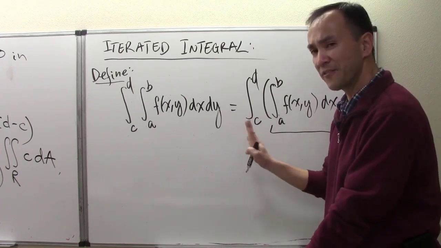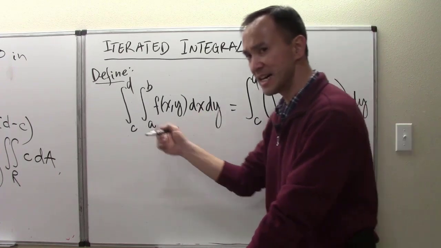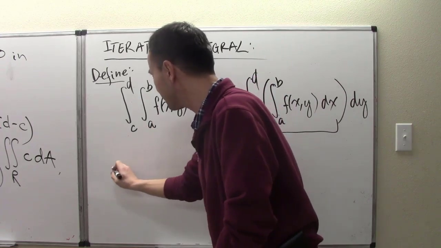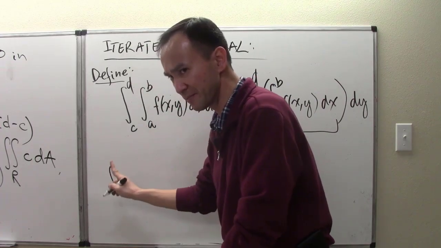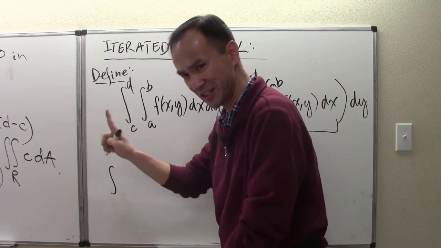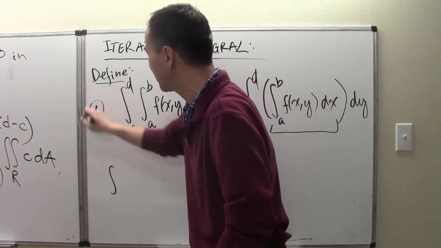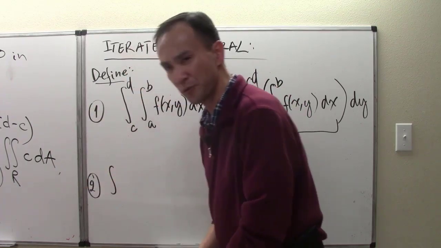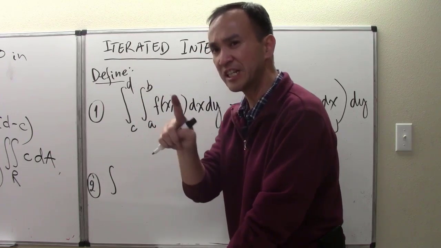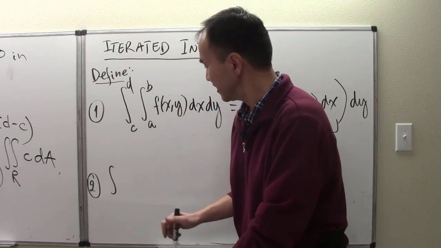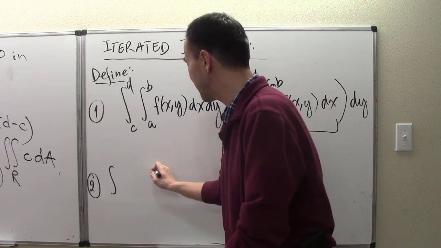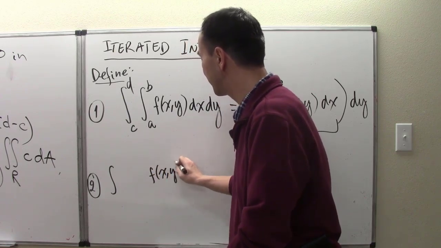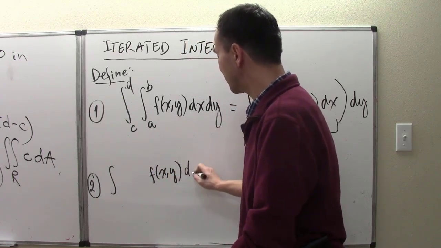Upon defining this iterated integral, there is another iterated integral. I'm not saying there's any connection between the two, so be careful; I'm just giving two separate definitions. This is definition number one, and this is definition number two. I'm going to define a different iterated integral, this time on the same function f of x comma y, but I'm going to write my notation as dy dx.